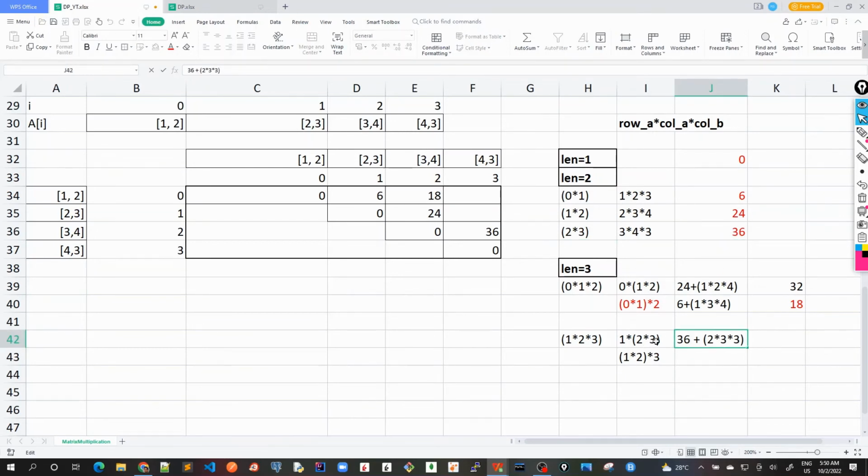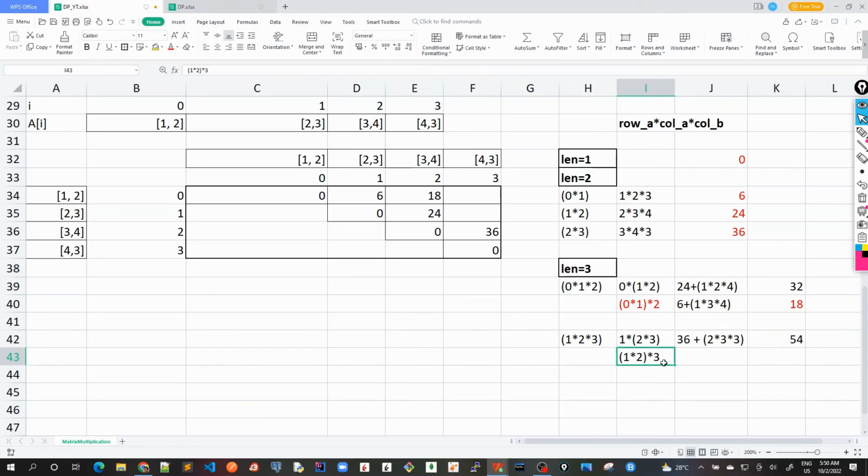And the product of 2 and 3 would have dimension 3 by 3. So for 1, it would be the number of rows of 1, which is 2, and then the common value 3, the common column, and then the final column of the product is 3 again. So that's why it's this, and then we will have this product as 54.